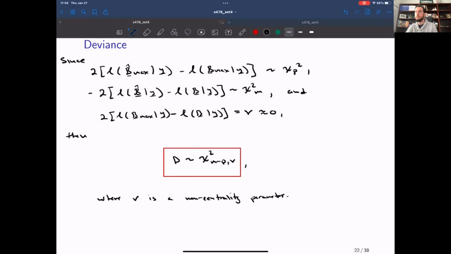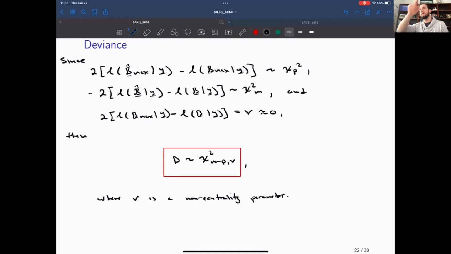That's a good question. In the case of the chi-square, it would control the non-centrality parameter.